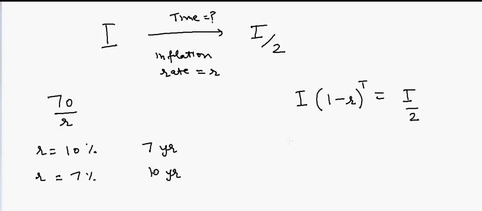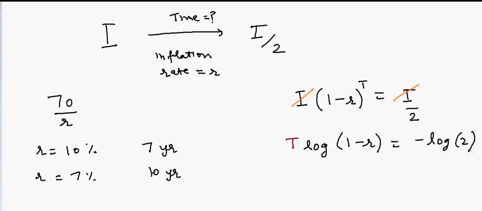So in that case, if we solve this equation, then the I would cancel out, and we will have t log of (1 minus r) is equal to minus log of 2, right?